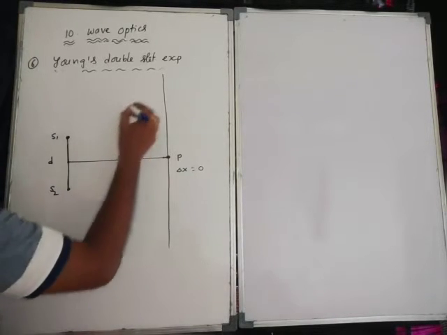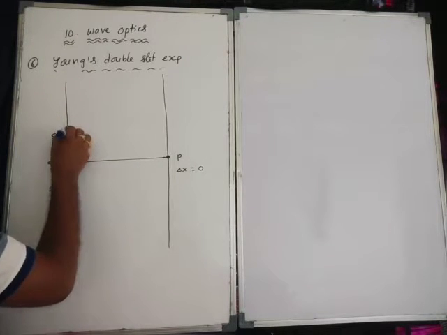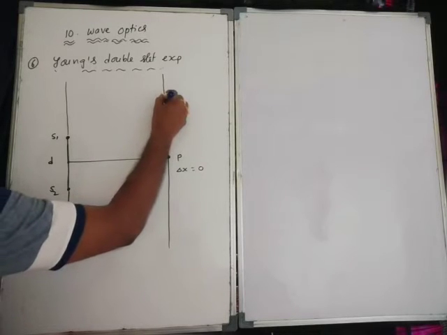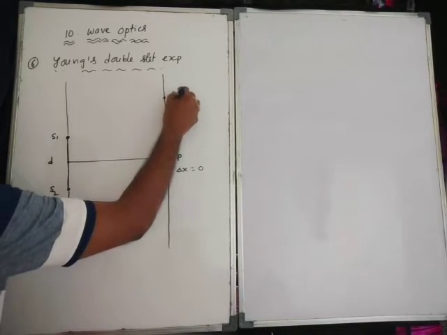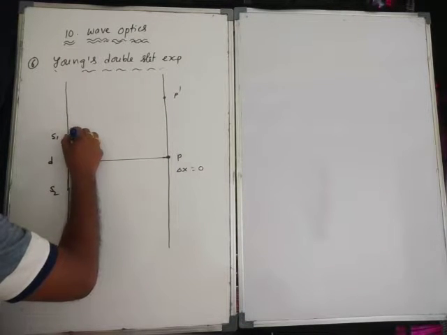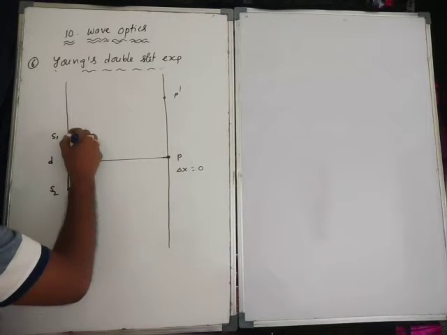Now here I want to consider, okay, this is S1 and S2, and an arbitrary point P dash. From here to here I have already drawn. So what is the path from here to here?